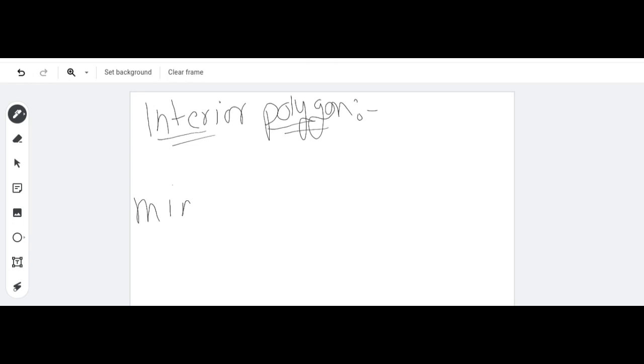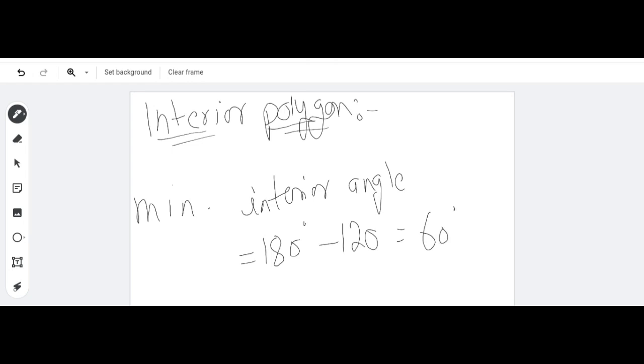Minimum interior angle is 180 minus 120, which is equal to 60, which is the possible minimum interior angle for any polygon.